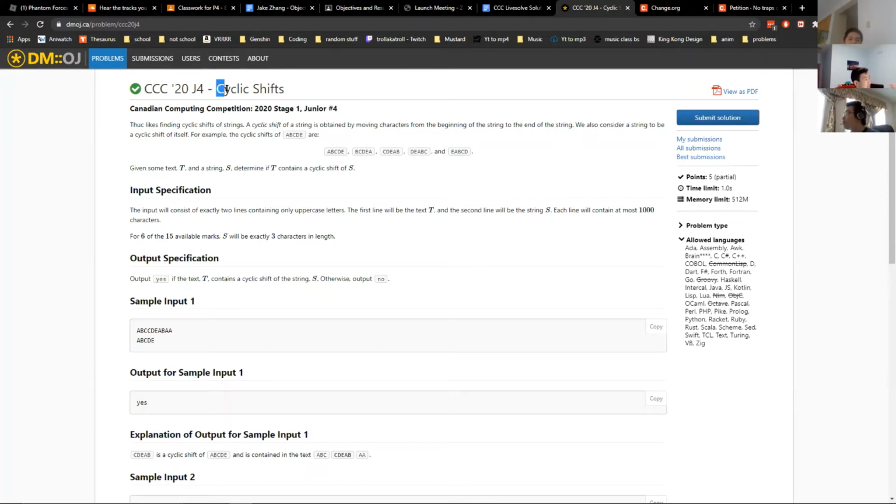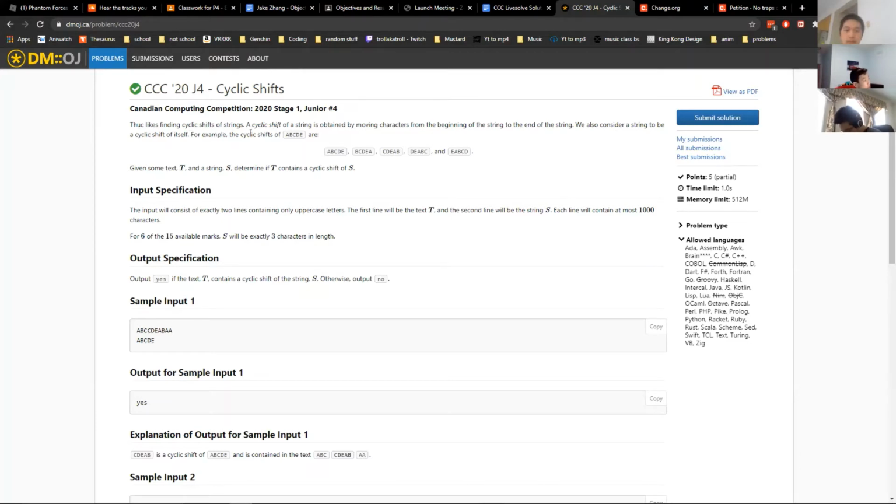Okay, so cyclic shifts. First, read the question. Thuck likes finding cyclic shifts of strings. A cyclic shift of a string is obtained by moving characters from the beginning of the string to the end of the string. We also consider a string to be a cyclic shift of itself.